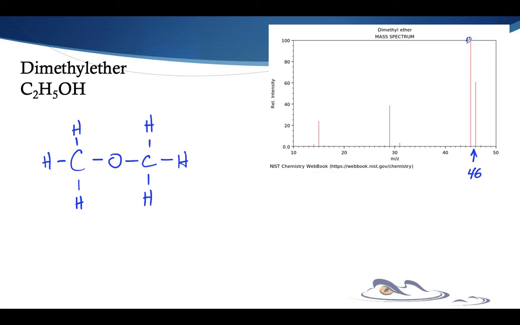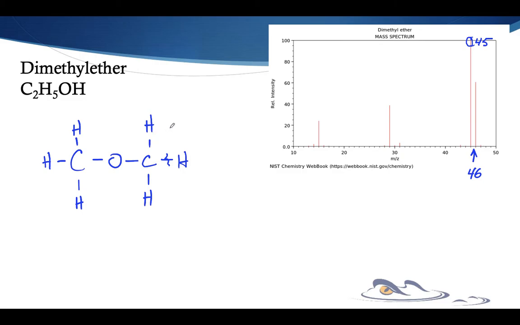And again, you can try and interpret what this really big peak here at 45 is if you want. And what would that be? Well, I could imagine that if this broke right here, and it lost just 1 hydrogen atom, then the remainder of that molecule would be 45.